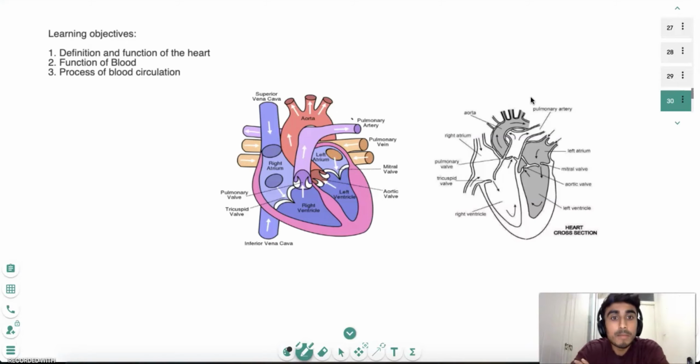The whole point why we have blood in our body is that it delivers oxygen to our organs, our tissues, and all the muscles in general. We need blood to survive because it provides us with oxygen. Without oxygen, our tissues and organs cannot carry out a process called respiration, which is the process by which we form energy.